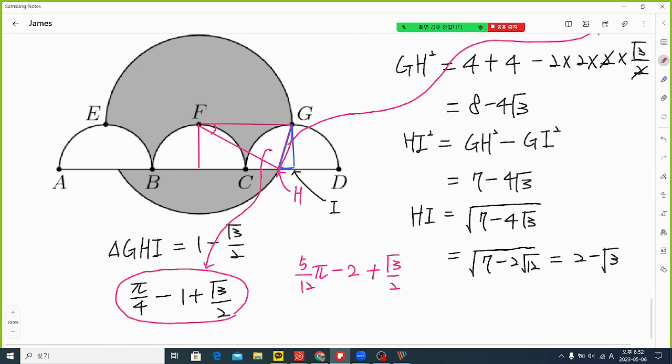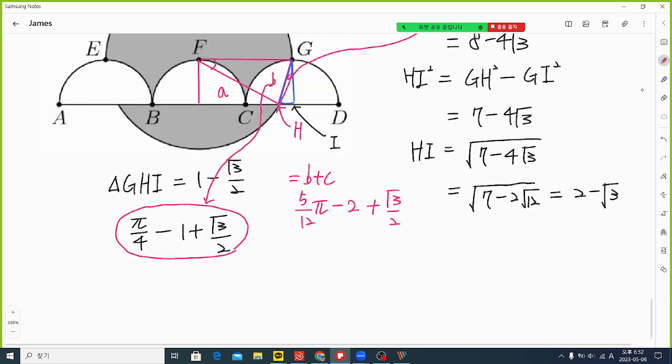So if we add this, let's say A, B, and C. This is B plus C. So A plus B plus C is, yep, so adding the quarter circle makes 2/3 of pi.